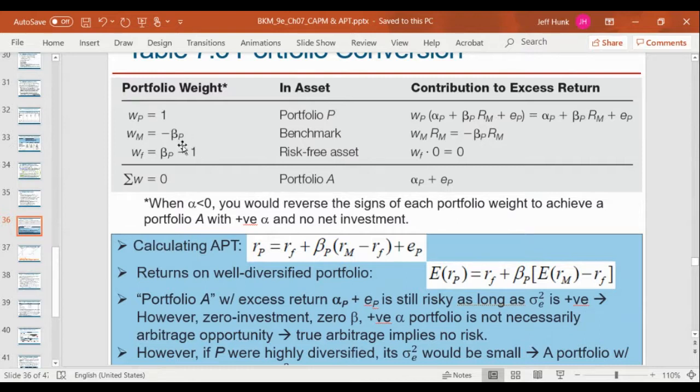And between the benchmark and the S&P 500, there is a certain correlation, obviously the beta, right?